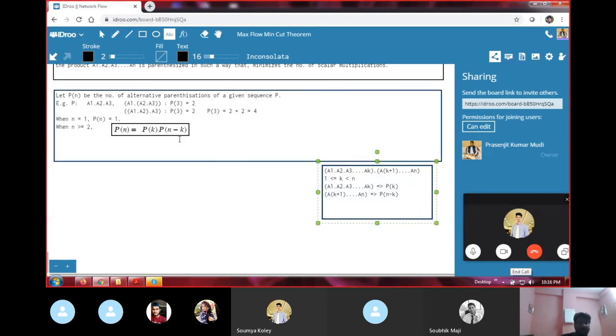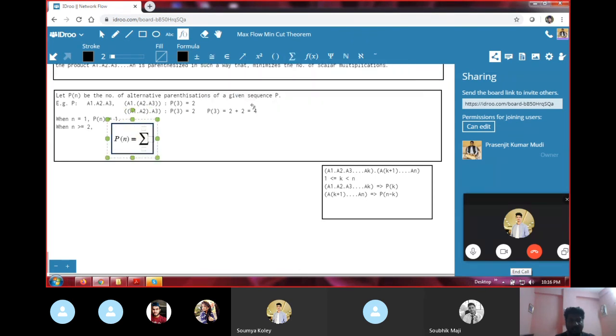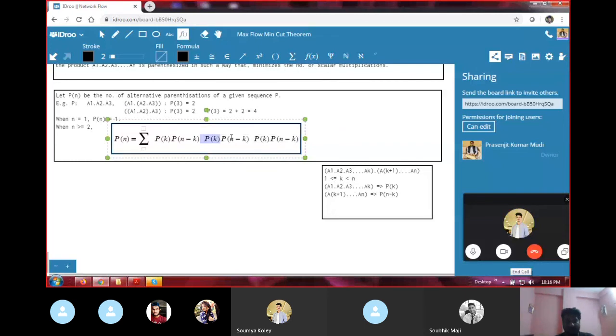This product is for a single K, and we are calculating the total number of parenthetizations, so we have to sum up this product for all possible values of K, K equal to 1 to n minus 1. Hence this formulation becomes a summation over K equal to 1 to n minus 1.